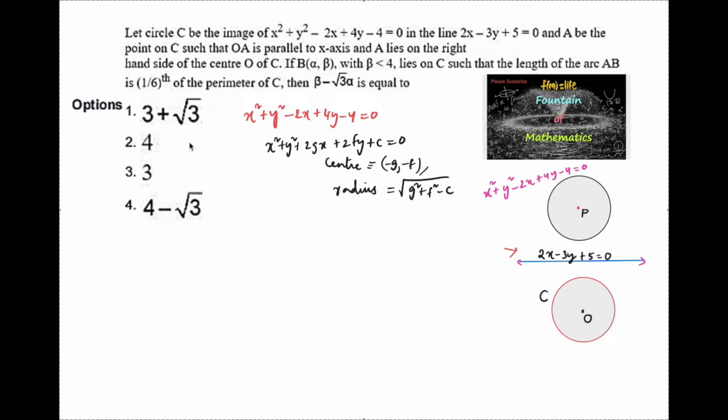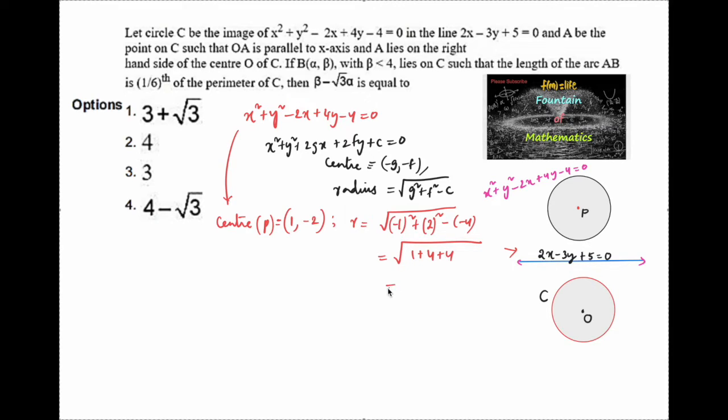So here in this circle, let us mark the center as P. So 1 comma minus 2, and radius is under root of g square, that is minus 1 whole square, plus f square, that is 2 square, minus of minus 4, which is equal to under root of 1 plus 4 plus 4, which is equal to 3.